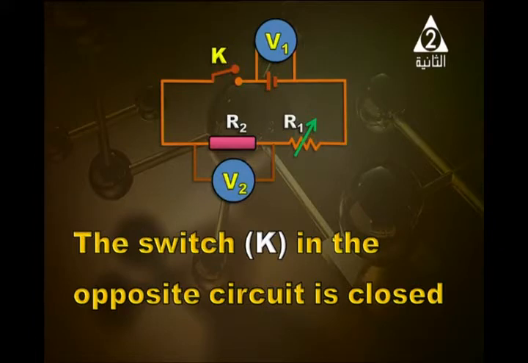V2 reads 0. So what will happen when closing? V1 will be decreased. Instead of the EMF of the cell, it will be just the terminal voltage. And since current will flow, V2 will be increased. V1 decreases, but V2 increases.